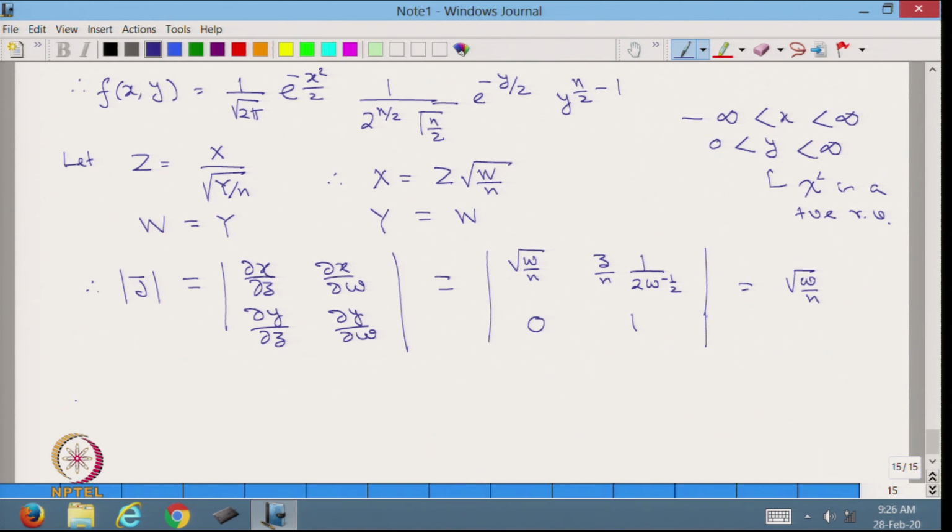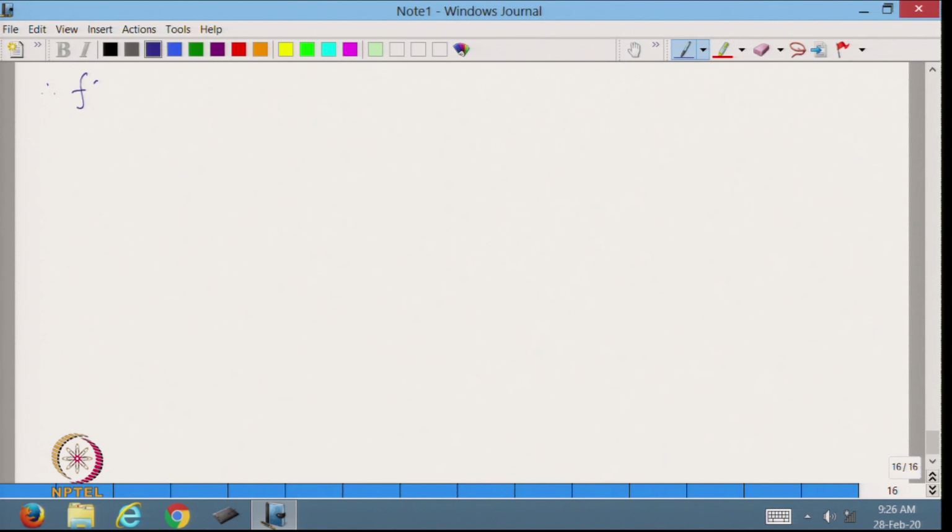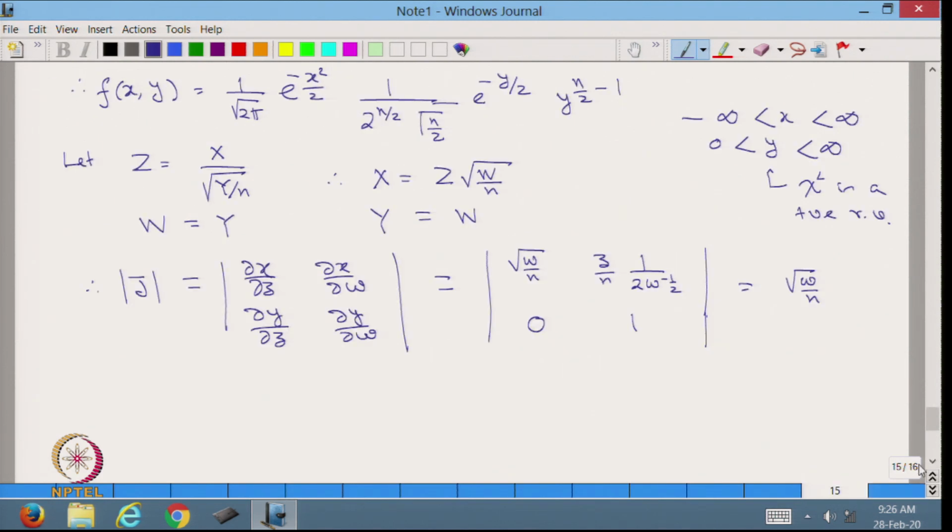Therefore, as before, f of w and z is equal to 1 over root over 2 pi e to the power minus z square w by n by 2. This is because x is equal to z root over w by n. Therefore, x square is equal to z square w by n.